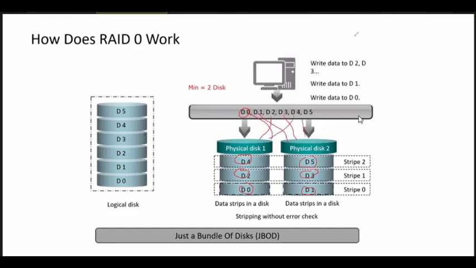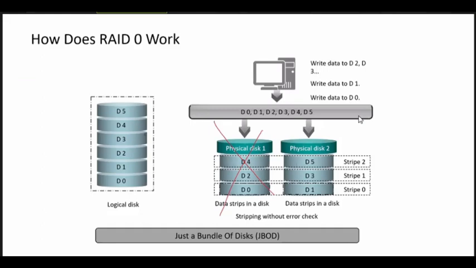All right. This is what we call just a bunch of disks. Why? Let's say this disk goes down. You can never recover your data. Why? Because the data was split into 2 disks. So if disk 1 goes down, you will never recover your data.